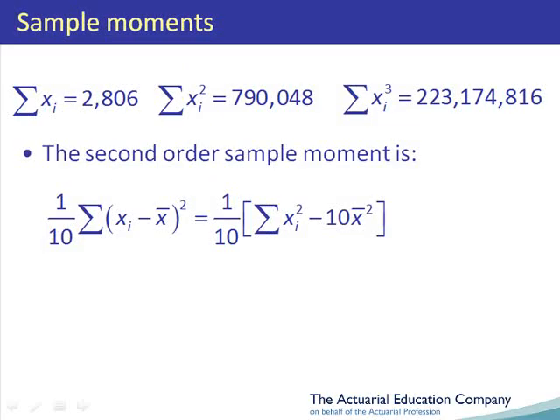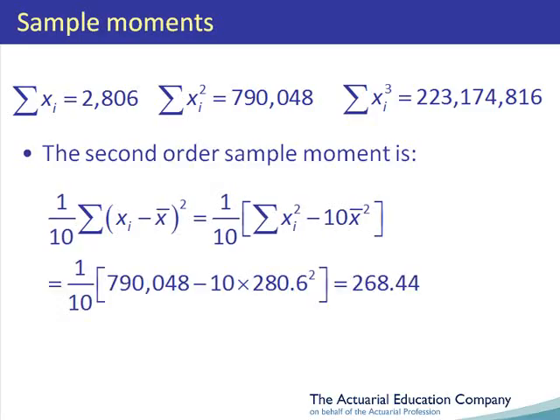The calculation for the second order sample moment is given here. The whole calculation is almost identical to the calculation for the sample variance. Note, however, that the moment calculation uses a denominator of n, whereas it is usual to use n-1 when calculating the sample variance.